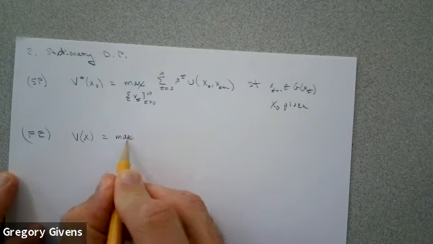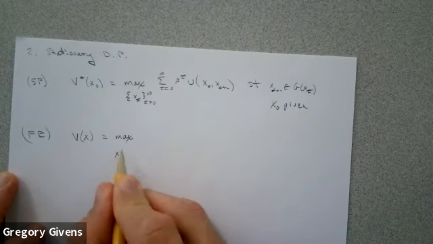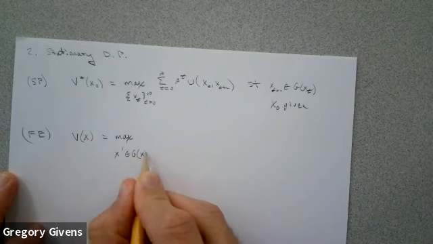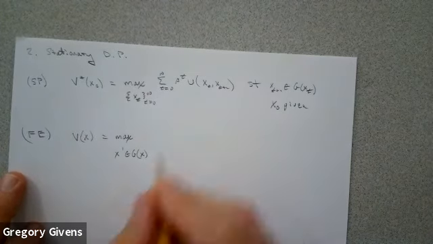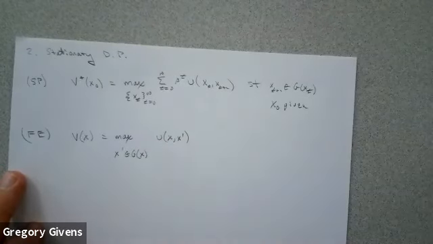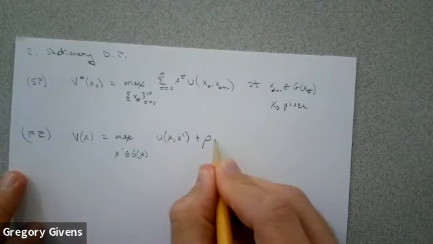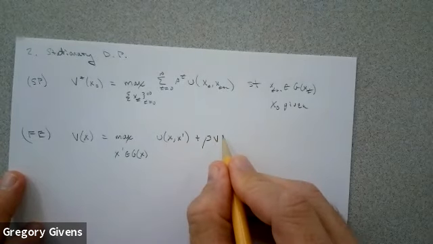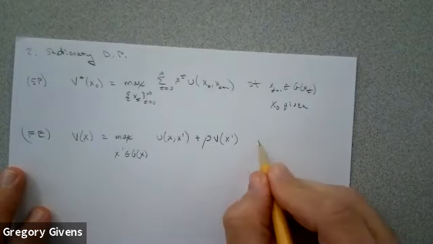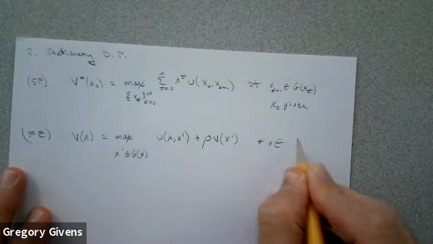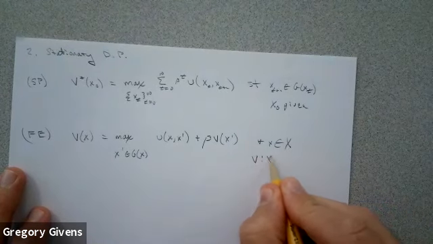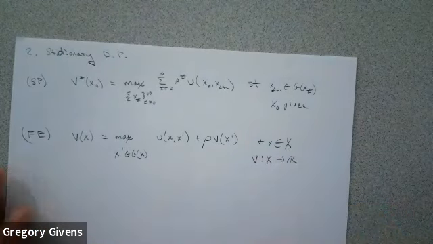Max over x prime, an element of some set G of x, of u of x, x prime, plus the discounted value of V evaluated at x prime, for all x in big X, where V maps elements of X into the reals.